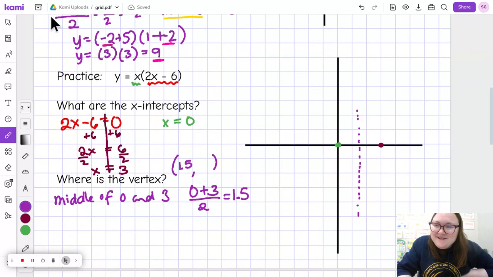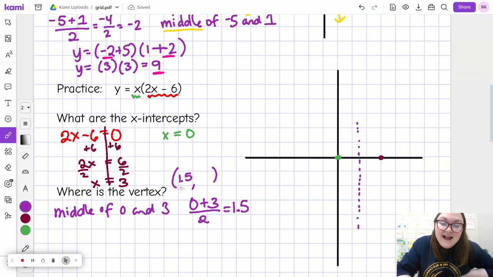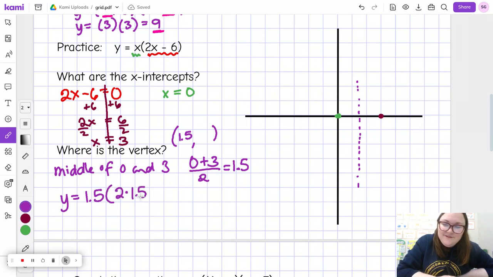So the part up here that's still on the screen, this is how we did it earlier. To find that y-coordinate, I'm going to take our x, 1.5, and I'm going to substitute it into our equation here. And so my equation is y equals x, and we're using 1.5 for x. So x times 2x, so I need 2 times 1.5 minus 6.